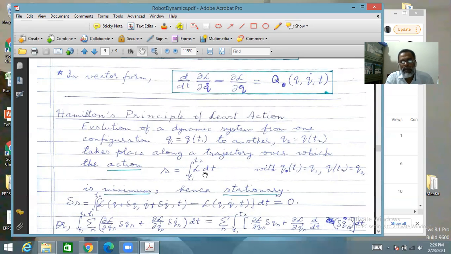And if it is a minimum, then it has to be a stationary point. That is, the first order change has to be 0. First order change with respect to what?